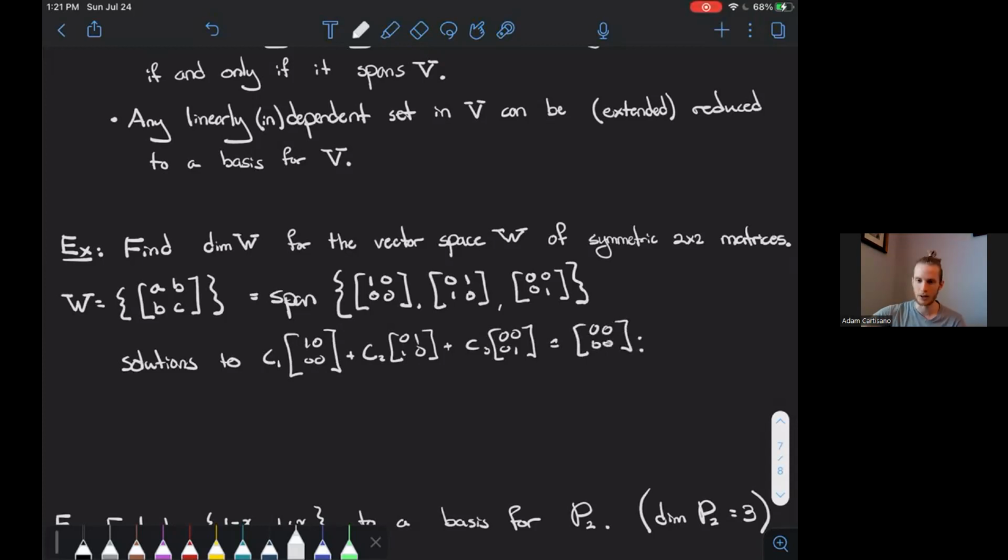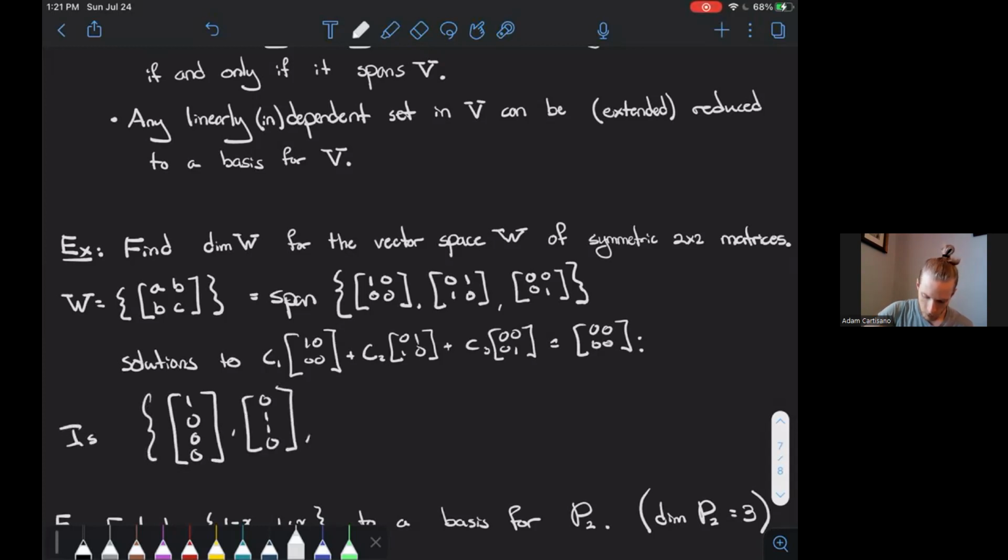Now remember, we've been down this road before in this video. I don't want to distribute the C's and come up with a system of linear equations. Notice I could just send this over to the same question but in R4. Is the set 1 0 0 0, 0 1 1 0, 0 0 0 1 linearly independent?